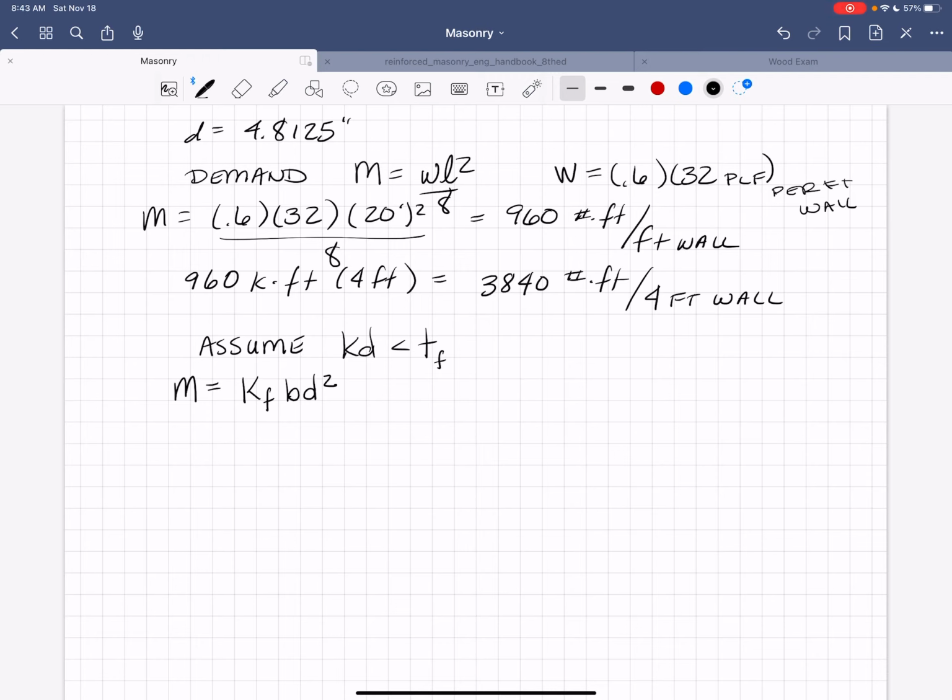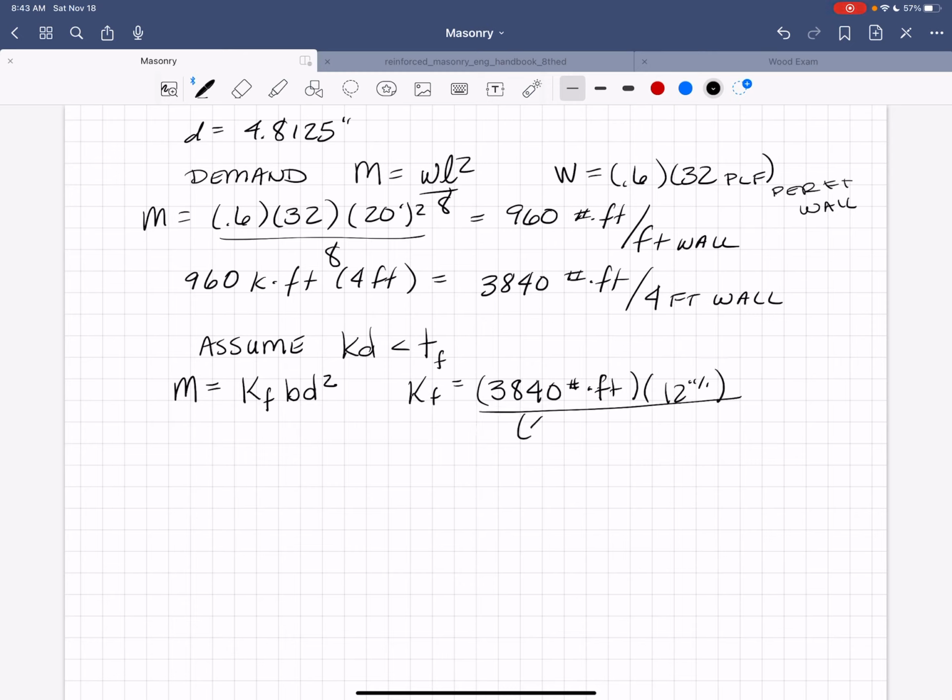Let me just check something here. Yep, okay, so Kf then would be our 3840 pound feet times 12 inches per foot for a unit conversion.